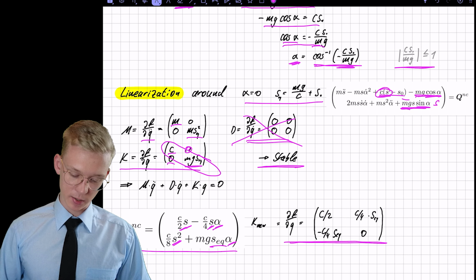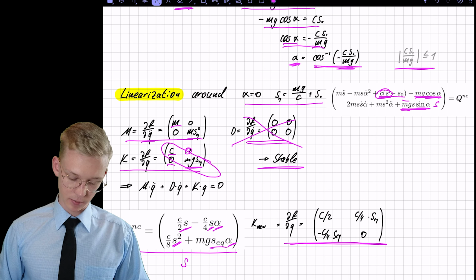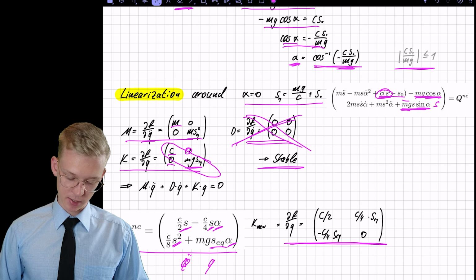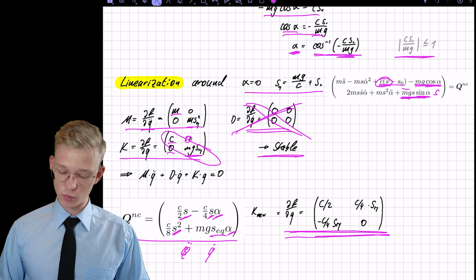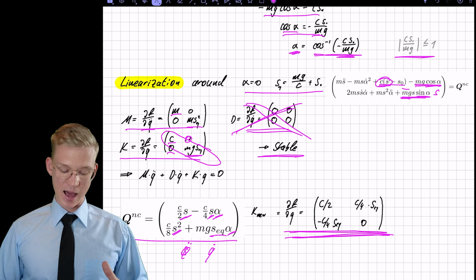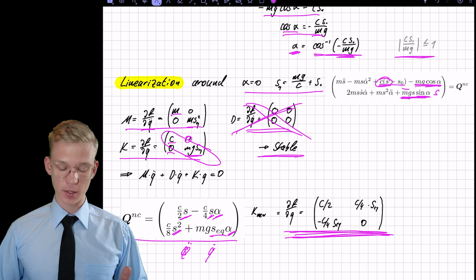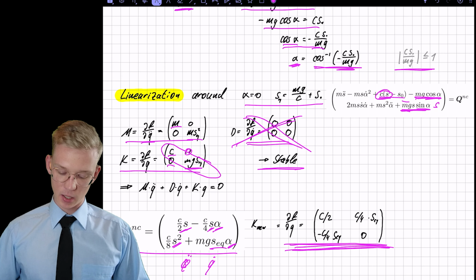We already see that the M matrix will not change because this is not dependent on Q double dot, and the D matrix will also not change because this is not dependent on Q dot. So the only change we see is in the stiffness matrix, and now we can see how this new K matrix can affect our system.